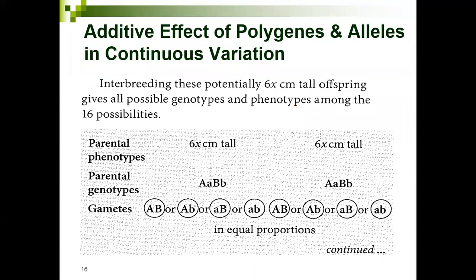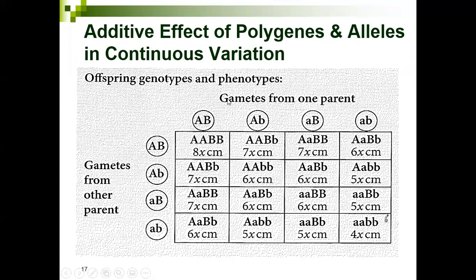So now we continue to cross the F1 offspring to form the F2 offspring. What we will get, you have to use the Punnett square to see the result.